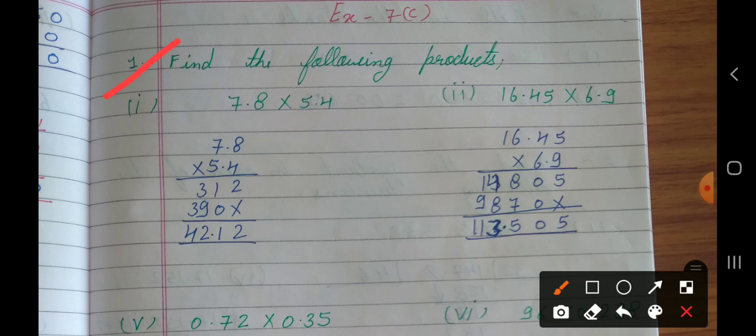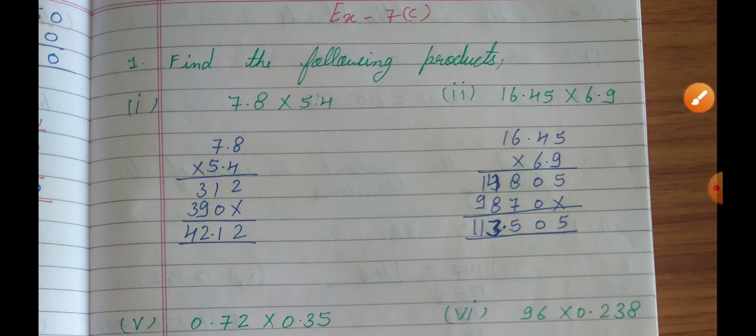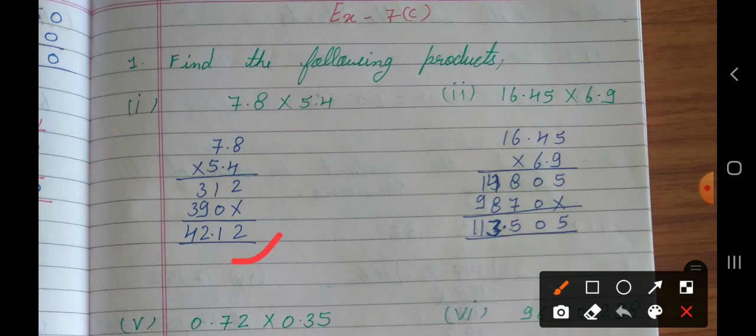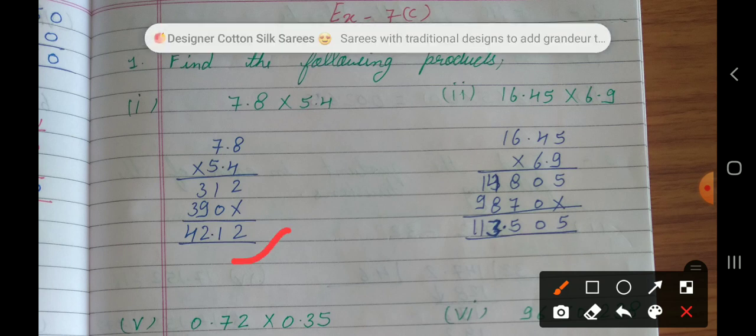Yes, students, there are some steps that we have to follow in the multiplication of decimals. First, we will multiply these decimal numbers as whole numbers. Then we will obtain whole numbers. After that, in the product, we have to start counting from the right.